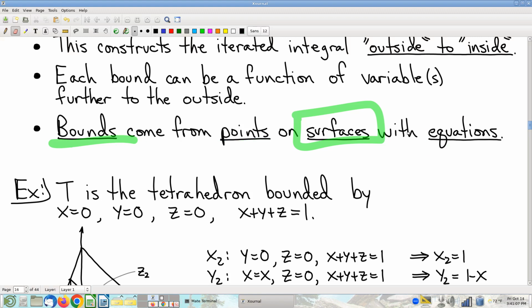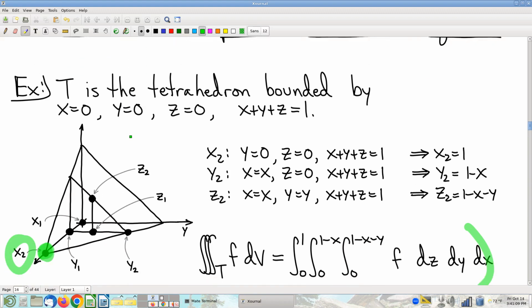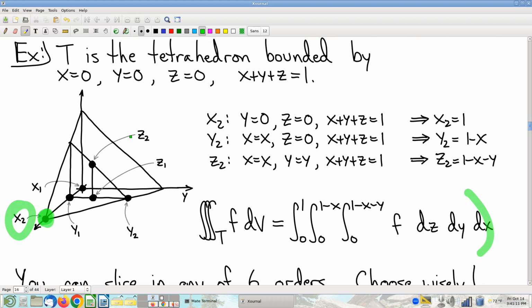So let's do that. This is where the picture is indispensable. You really got to have the picture for this. That point, I can just see from the picture it's on that plane among a couple of others, but it is on that plane, which has that equation. Anybody see that from the picture? Okay. Here's the other thing, though. It's also on this plane.